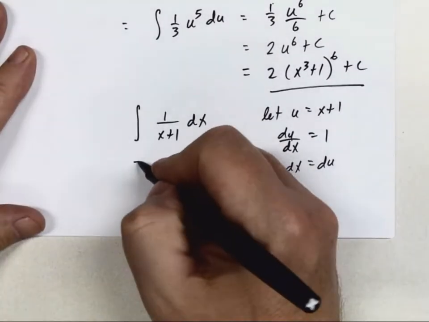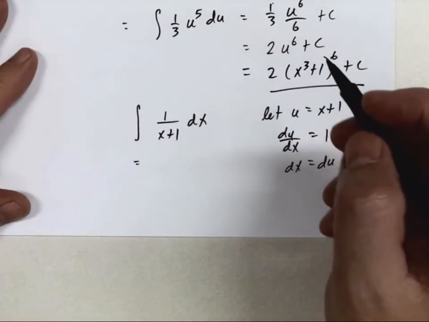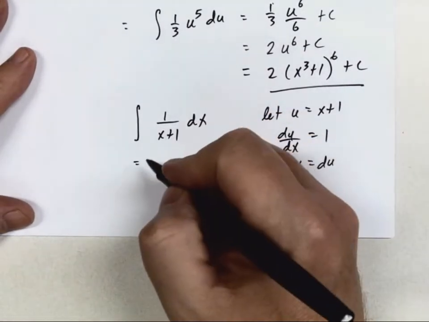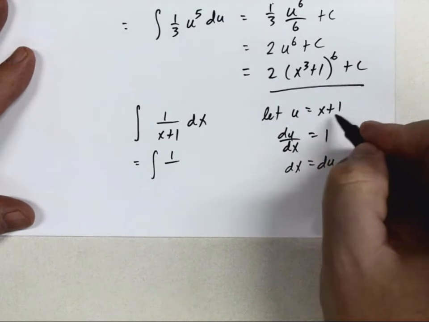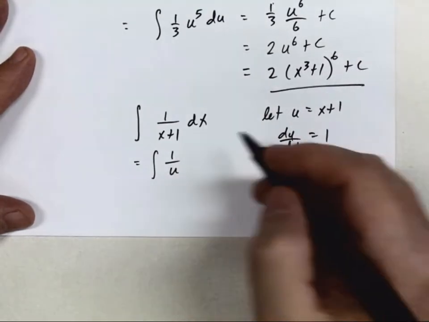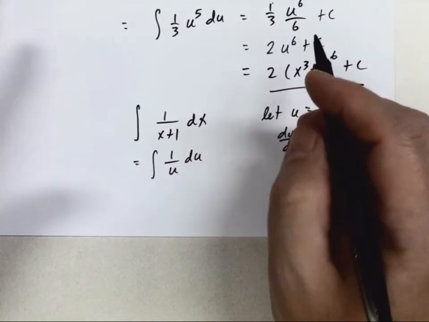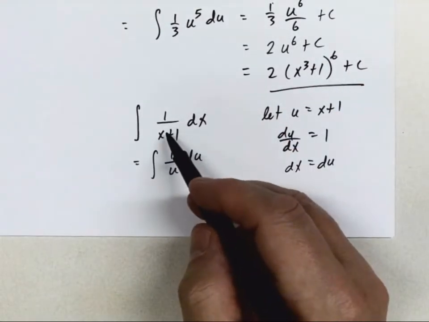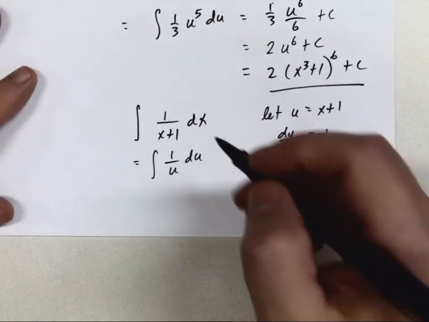So now let's go back here and get rid of all the x's and replace them with u's. 1 over x plus 1. X plus 1, I'm now calling u. Dx actually equals du. So I've went from an integral I don't really know how to integrate to u's, and it's 1 over u. I know how to integrate this one.